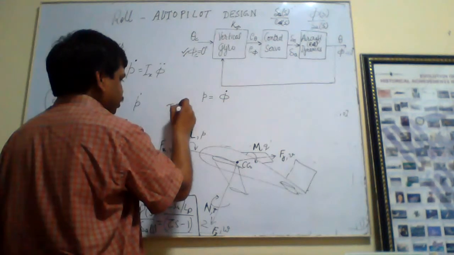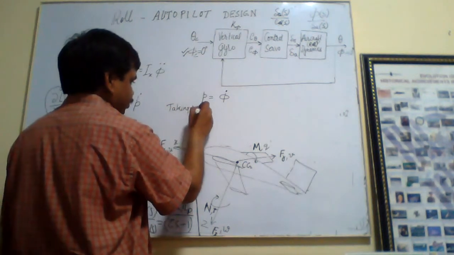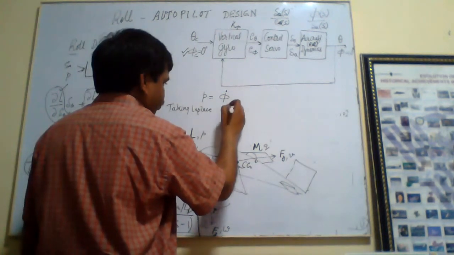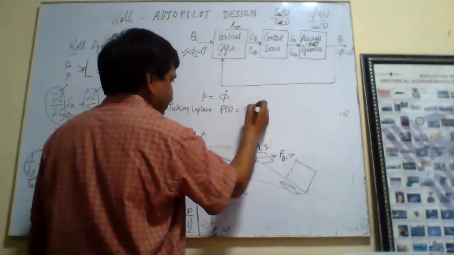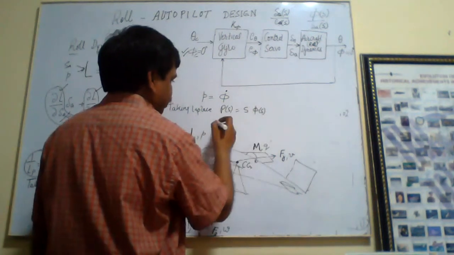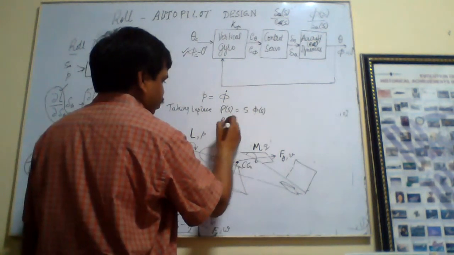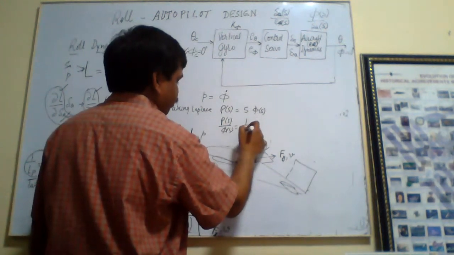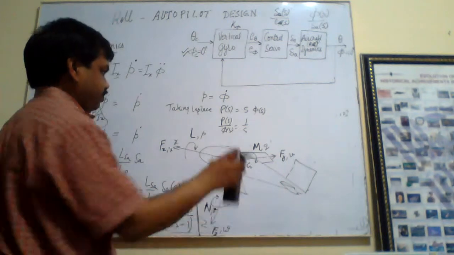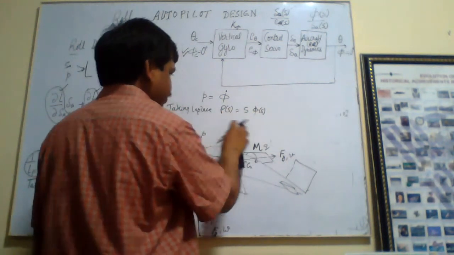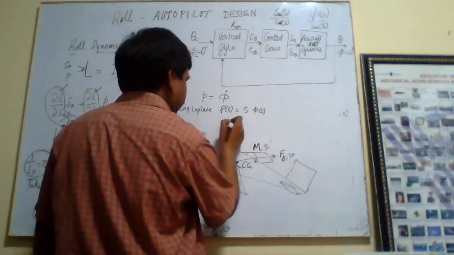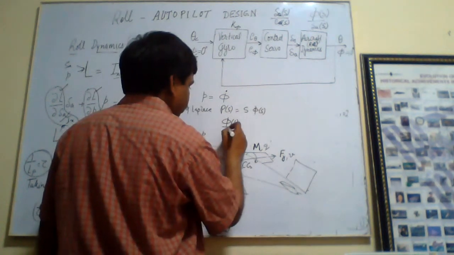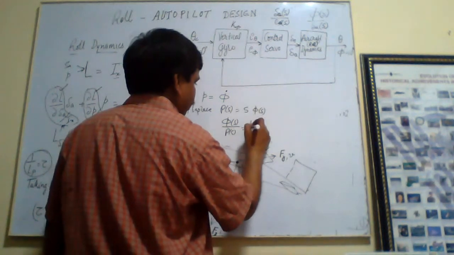Taking Laplace on both sides, I have P of s is equal to s times phi of s. So phi of s over P of s is equal to 1 over s.